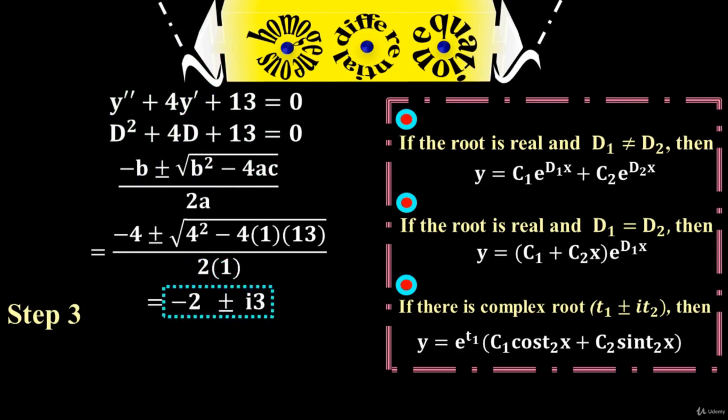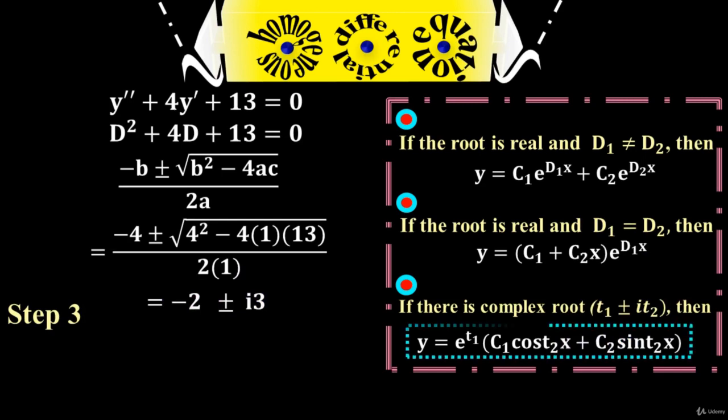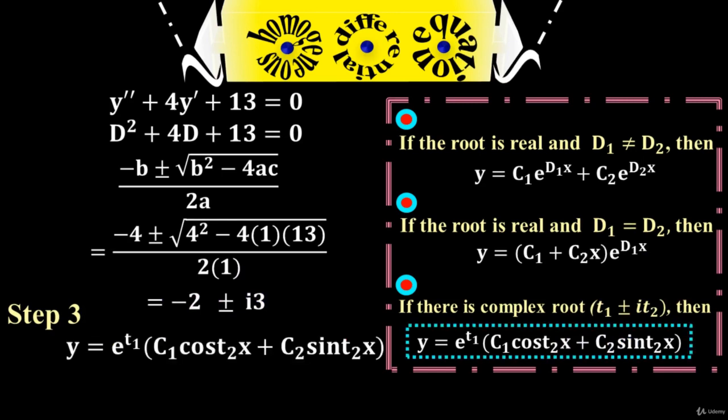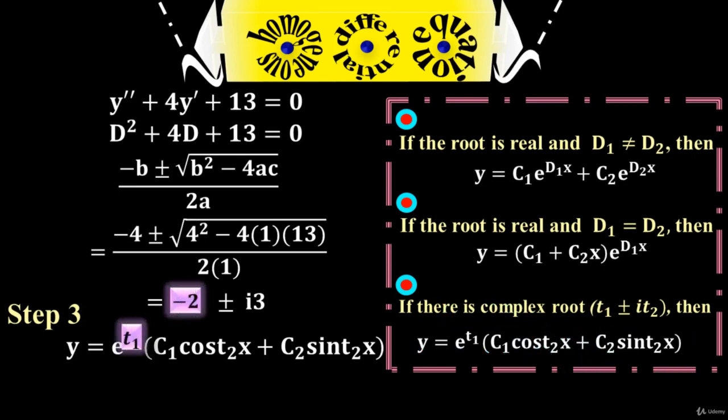This is the complex form. And when you compare here, t sub 1 is minus 2 and 3 is t sub 2. And therefore I'm going to use this equation now: y equals e to the t sub 1 x into c sub 1 times cos t sub 2 x plus c sub 2 times sin t sub 2 x. Just substitute the value of t sub 1, which is minus 2, and t sub 2, which is 3.